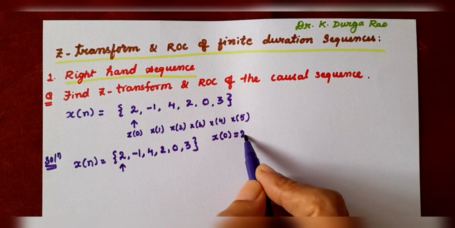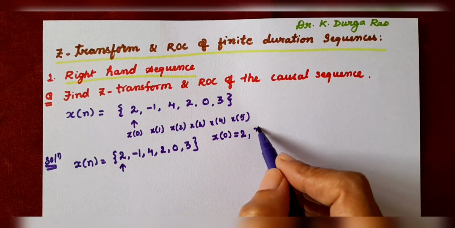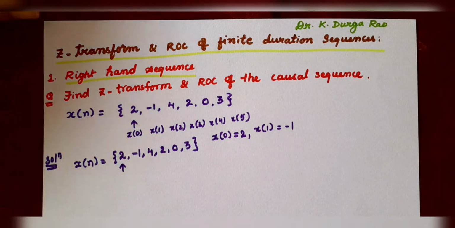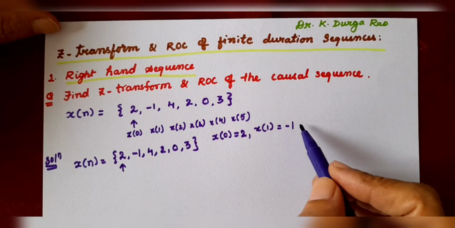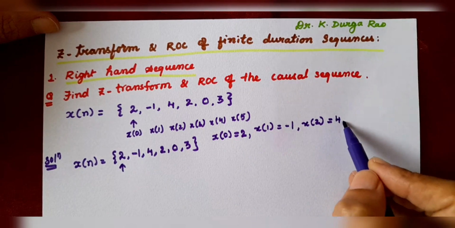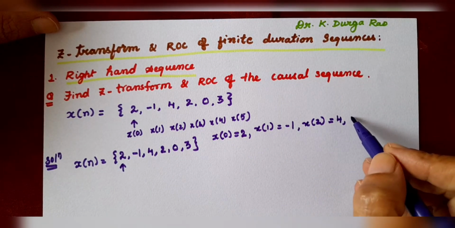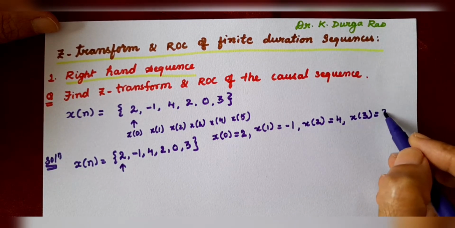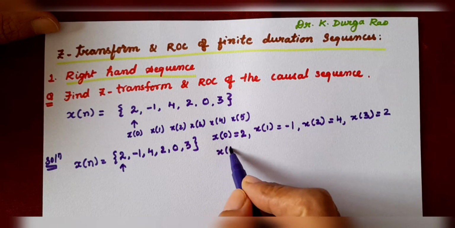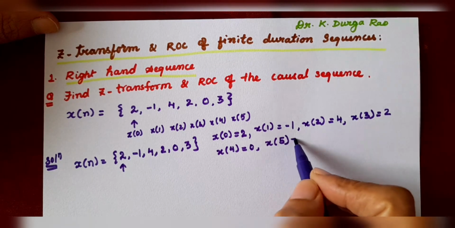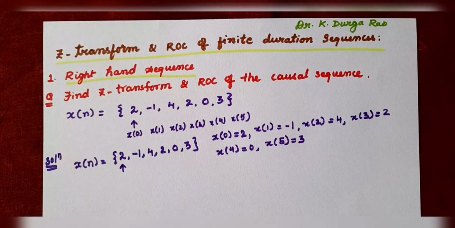X of 0 value is 2. X of 1 value is minus 1. X of 2 value is 4. X of 3 is 2, X of 4 is 0 and X of 5 is 3. Okay, these are the values at these particular positions.